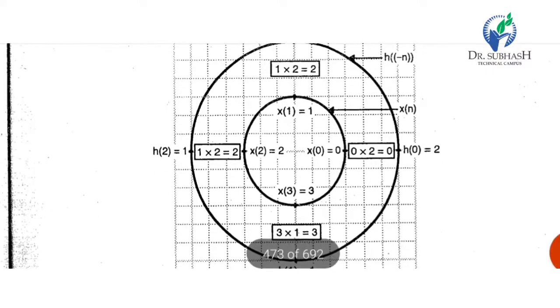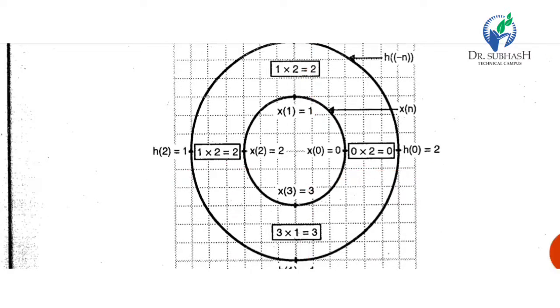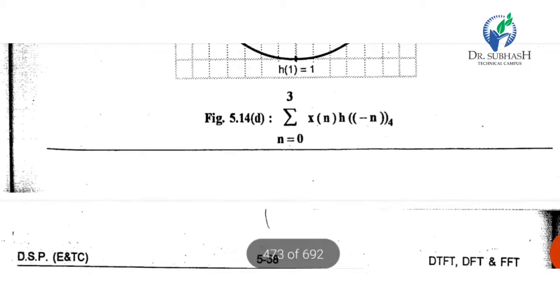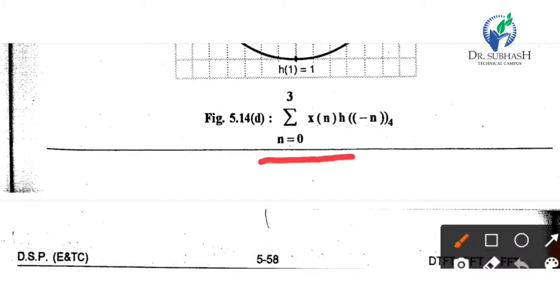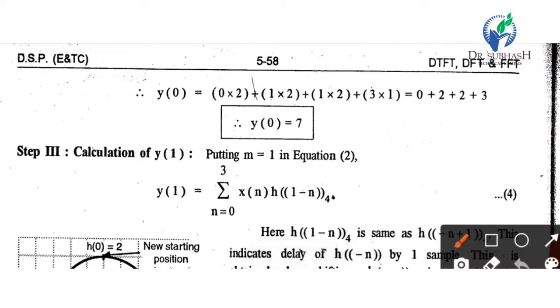So we will multiply everything as per our equation. So y of 0 equal to summation n equal to 0 to 3 of x of n h of minus n. Now we will directly multiply using the circular method.